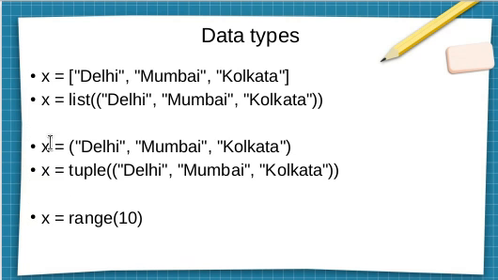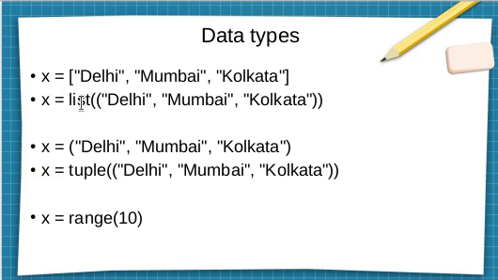Now list type variables. In array type variables, the list is possible in Python. Here the square bracket means list, or we can use the list constructor with double round brackets. Note the double round brackets with these values.